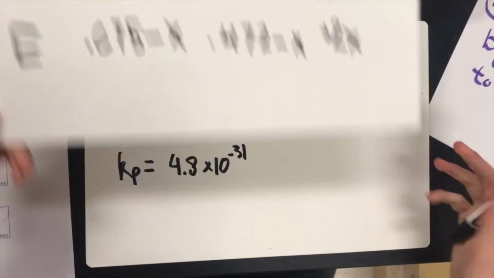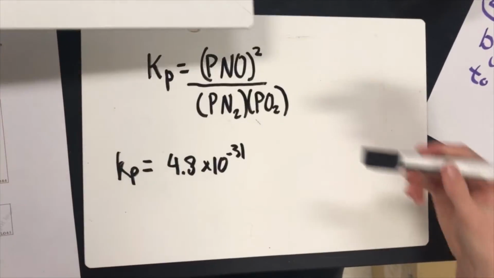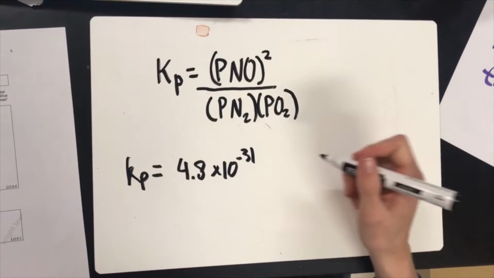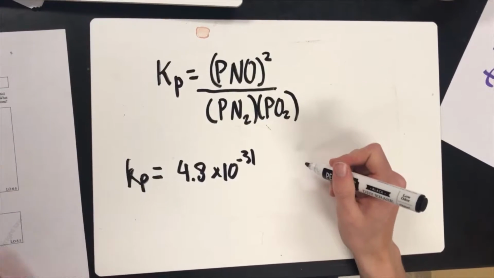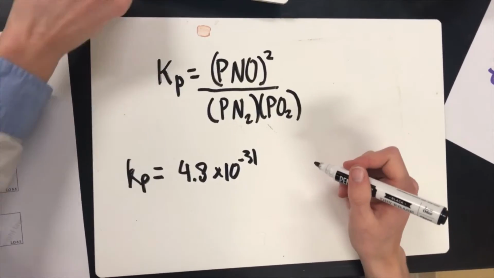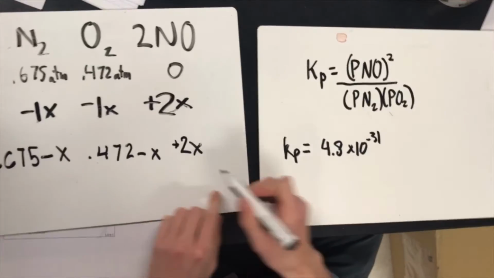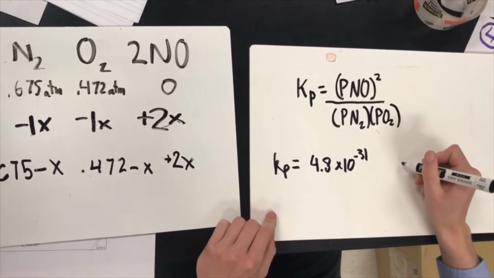Next, we substitute these values into this equation. So the first part, we start with 2x in the numerator.